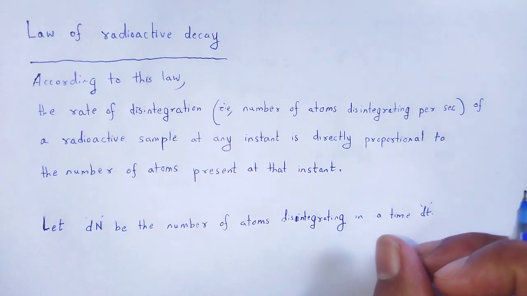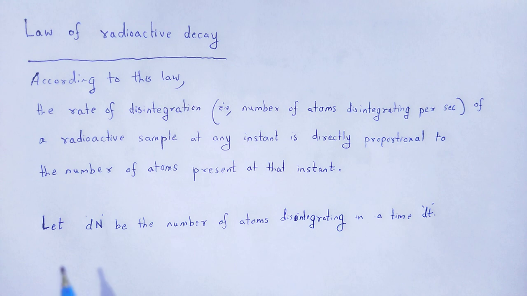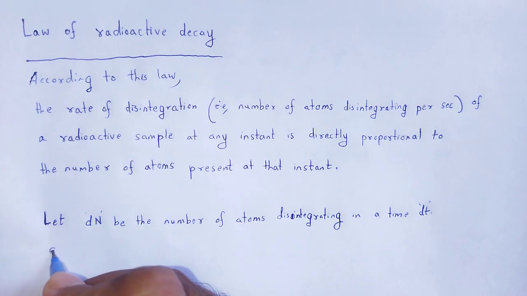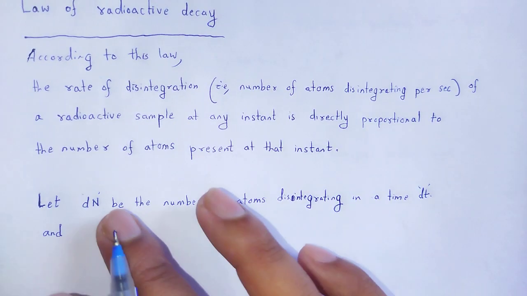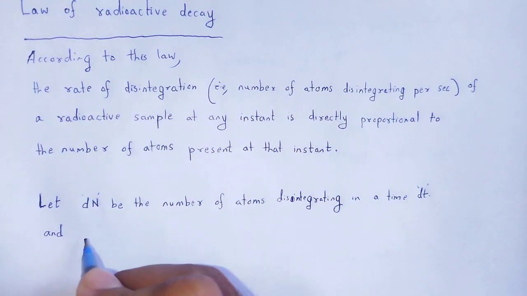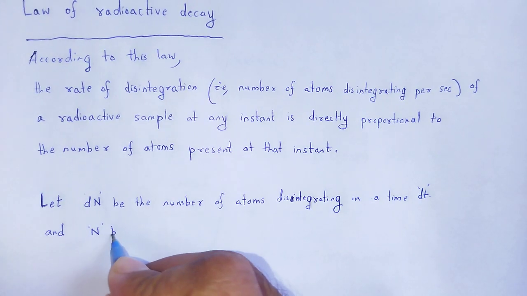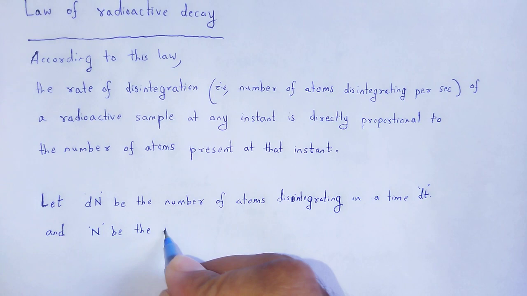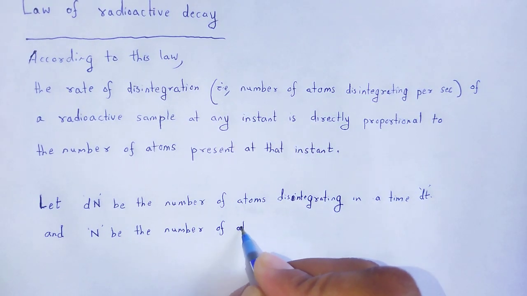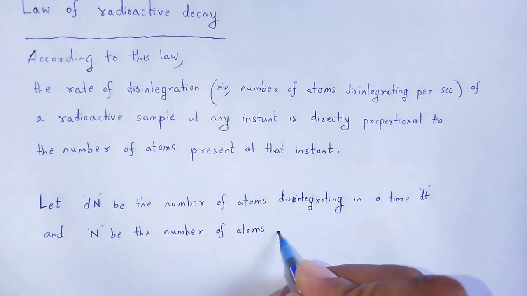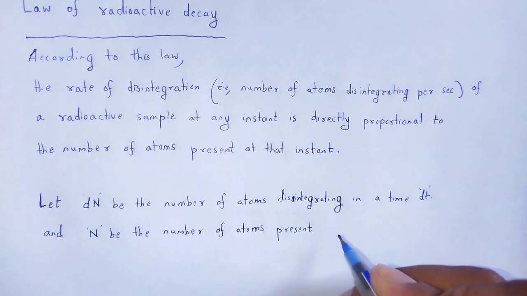In dt time, let dN number of atoms disintegrate, and let N be the total number of atoms present at that instant.